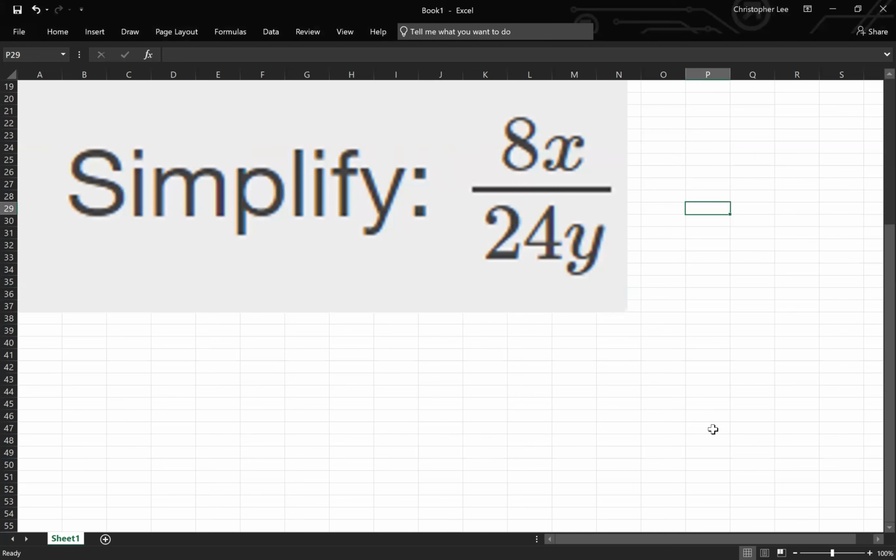That's for adding and subtracting. 1/3, good. So very simply, 8 goes into 8 once, 8 goes into 24 3 times, right? So this becomes what? 1x/3y. Very good. Just like that.